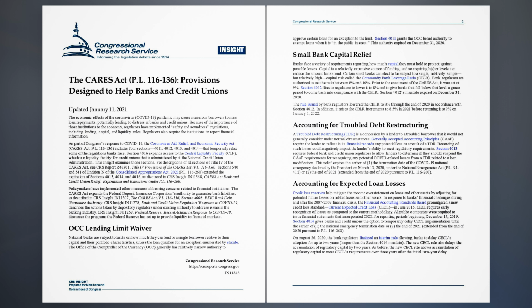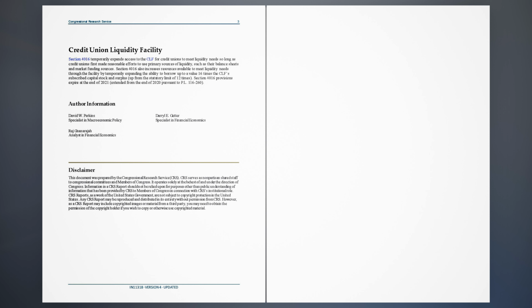On August 26, 2020, the bank regulators finalized an interim rule allowing banks to delay CECL's adoption for up to 2 years, longer than the Section 4014 mandate. The new CECL rule also delays the accumulation of regulatory capital by 2 years. As before, the new CECL rule allows accumulation of regulatory capital to meet CECL's requirements over 3 years after the initial 2-year delay.